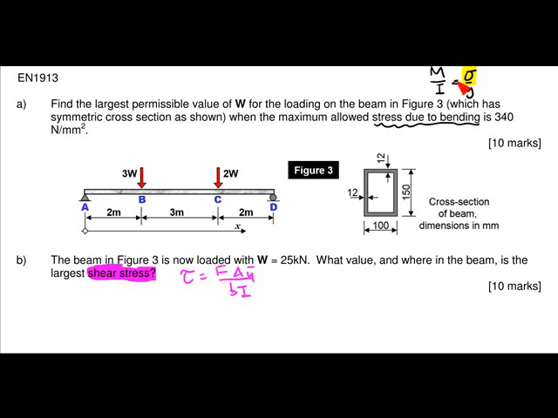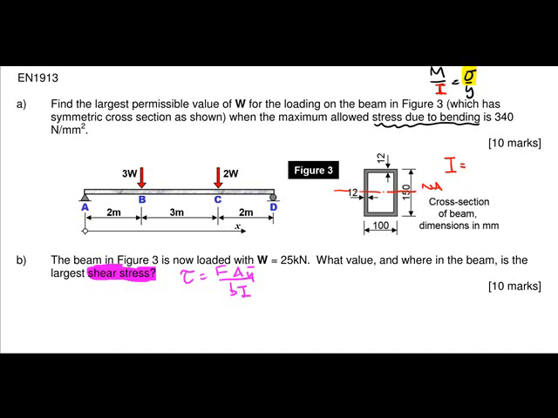To use the Missy equation we need to find the I value, of this section here. It's a symmetric section, and therefore immediately we know that the neutral axis must be in the middle. Remember that for symmetric sections the neutral axis is in the middle, so we don't have to find y bar. I is quite straightforward here.